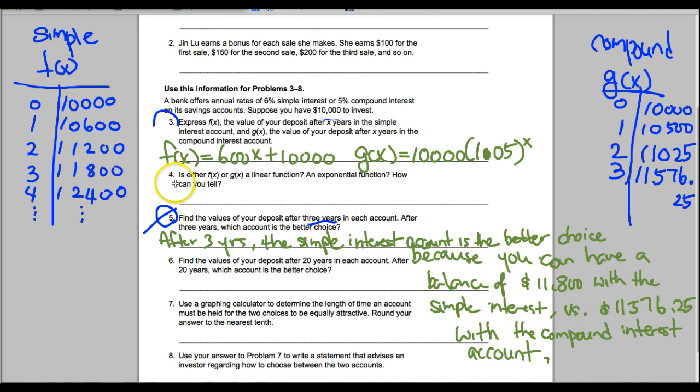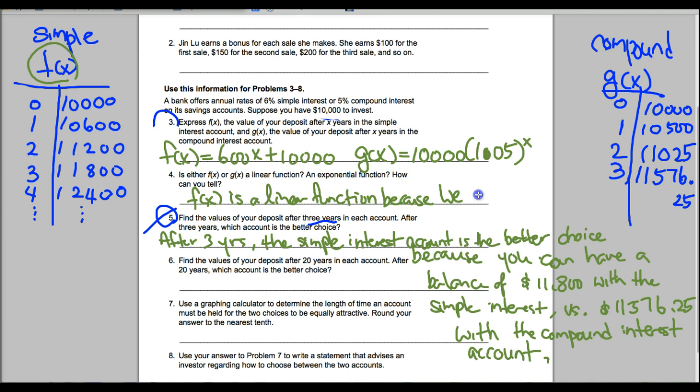Okay, and then of course question number 4, we have already answered it as we were graphing it. It's either f of x or g of x a linear function, an exponential function. How can you tell? So yes, what did we talk about? F of x. So you're going to say f of x is a linear function. Well, how can you tell?